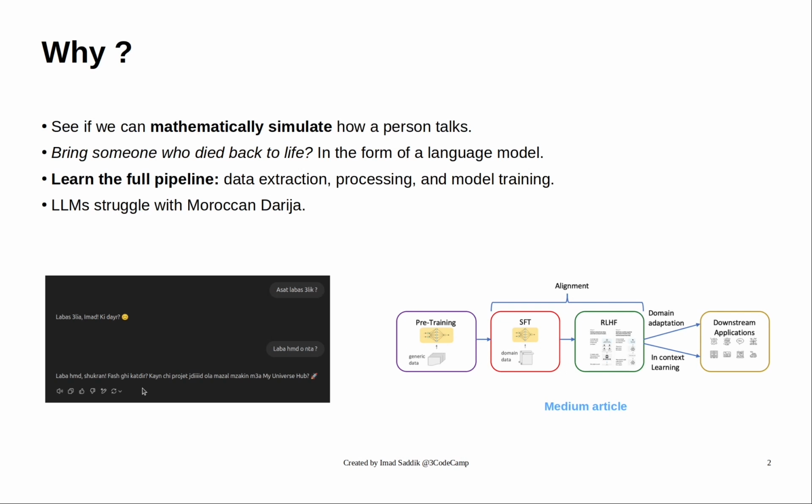And you will see that the model is not that great because training a very big model to learn everything is not going to work, especially for our own language. So this is why I wanted to train a model specifically trained only on Darija. And let's see if it can learn this language well. How do we do this?